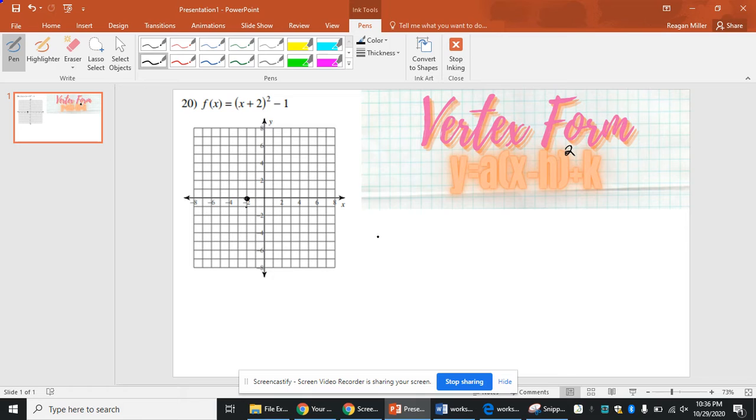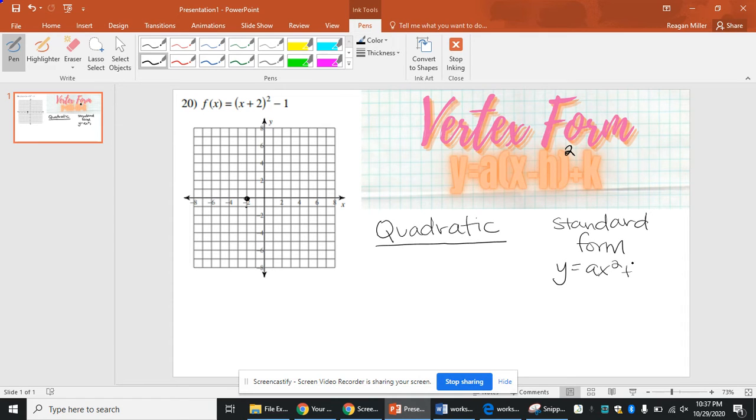So vertex form is just another way that you can write quadratic functions. What you have been doing with quadratics is using the standard form normally, which is what we're used to seeing. To jog your memory, standard form is y equals ax squared plus bx plus c.